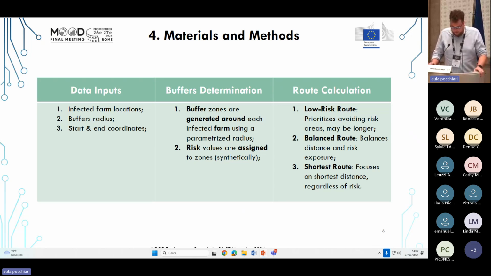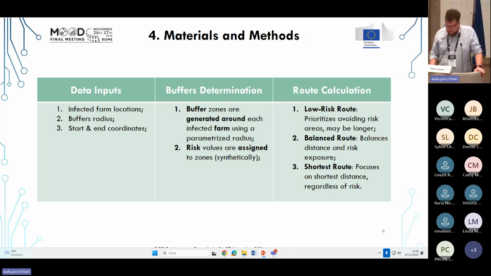The buffers are then determined around these points automatically with a parameterized radius that is constant for each farm. The risks, for what concerns our research activity, are to be assigned by veterinary epidemiologists, and for our use case, we just determined them synthetically using a uniform probability distribution.